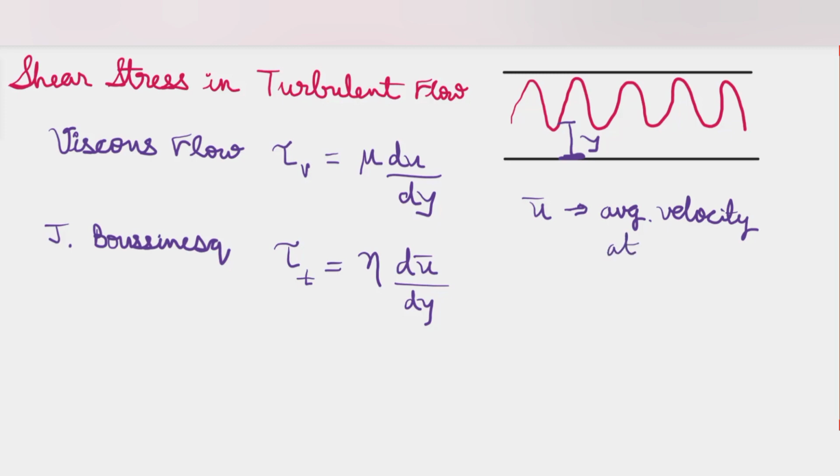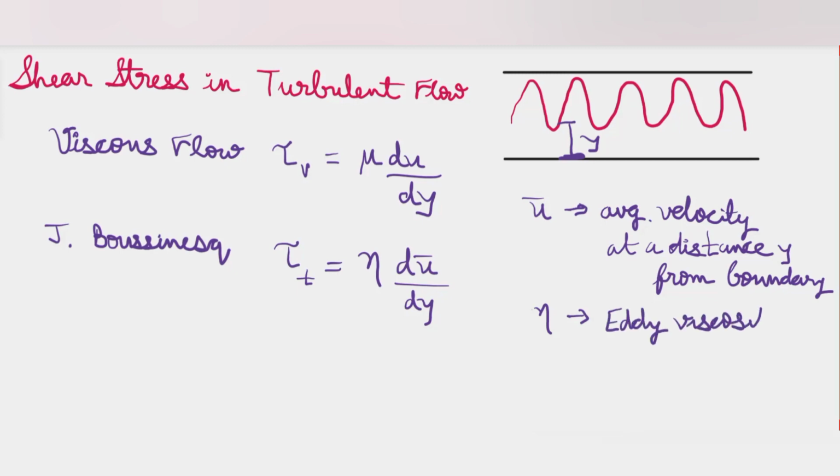Then tau t is my shear stress due to turbulence, and eta is my eddy viscosity. Also we have the ratio of eddy viscosity and mass density, which is known as kinematic eddy viscosity.